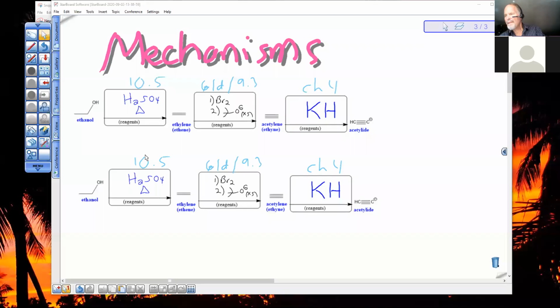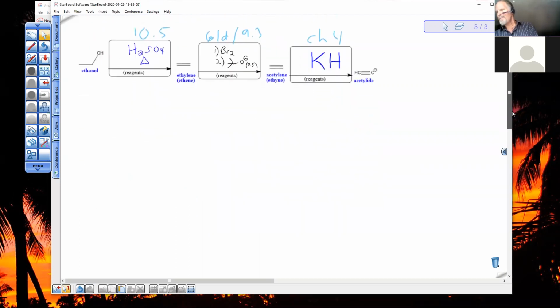And here we go. Let's look at some mechanisms. I copied the top line of our review that we just did in our previous segment, and we're going to do the acid catalyzed dehydration of ethanol. To do so, we first must protonate our alcohol, which means we require sulfuric acid, and we need to see this bond.